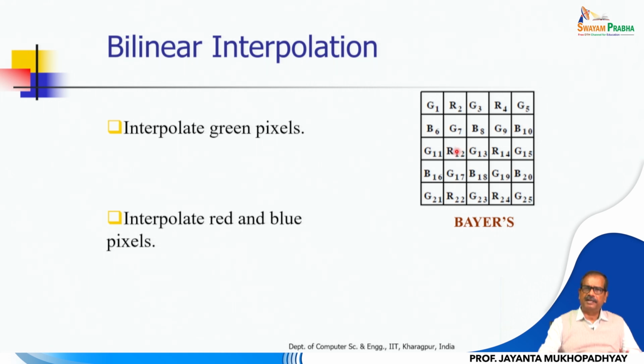So for missing blue, I can use these diagonal neighbors, and for missing green, I can use these 4 vertical and horizontal neighbors. Here, if I consider the red estimation, I have only 2 horizontal neighbors, and if I want to estimate blue, I have 2 vertical neighbors. So there are a few such patterns which can be easily coded.